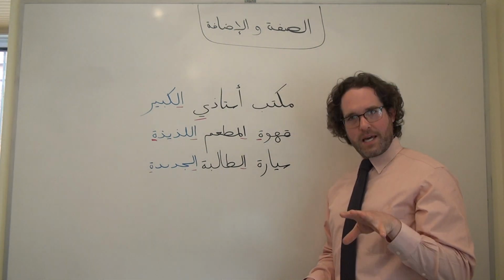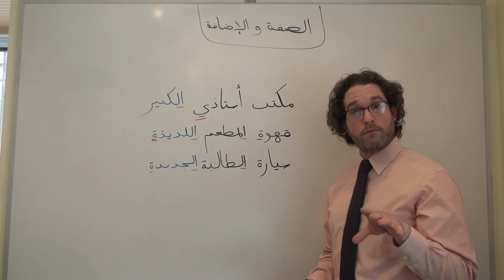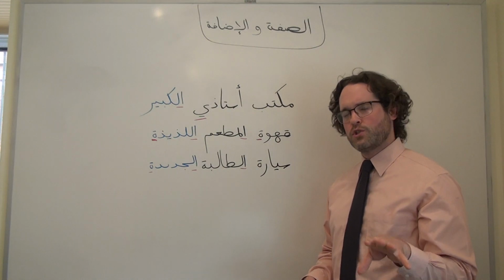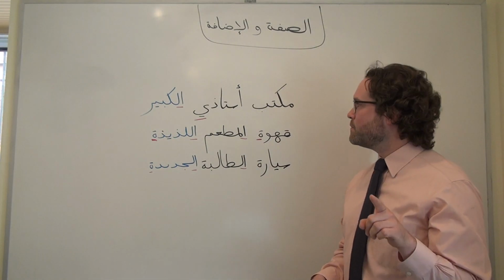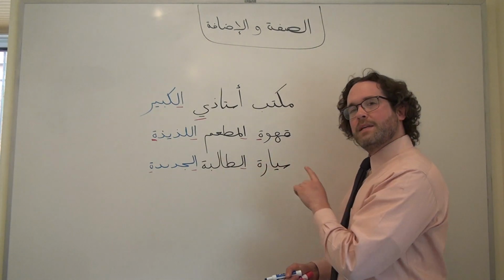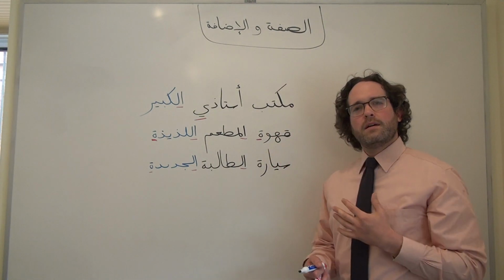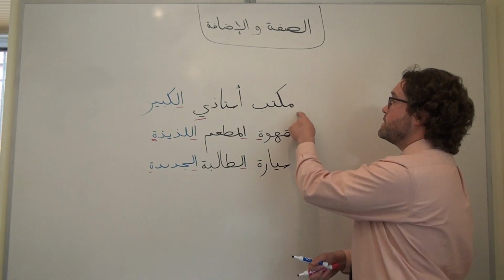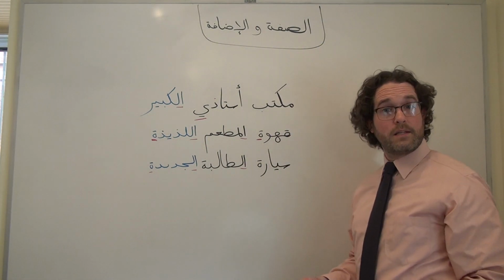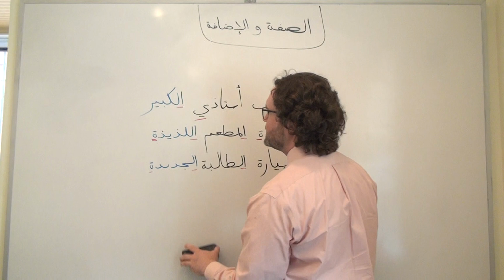If you need a refresher on case endings and how they work, you can go check out videos on those subjects as well. I'm assuming that you have a working knowledge here. But within a sentence, the first term of an idafa can be any case depending on what else is going on in the sentence.